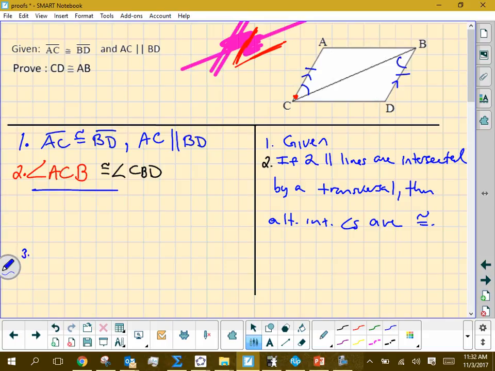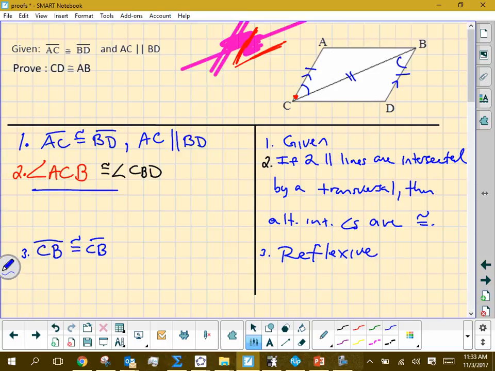Good. So CB is congruent to itself. That's the reflexive property. And draw that in. Okay. Does it matter if we were to put those in a different order? No, if you want to call it CB is congruent to BC, or if you said BC is congruent to BC, that's fine.